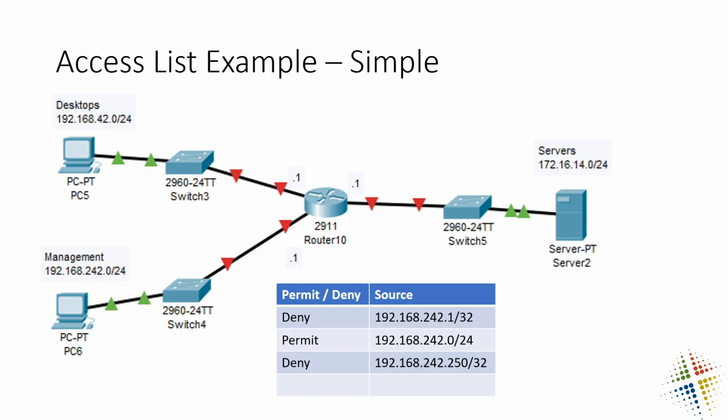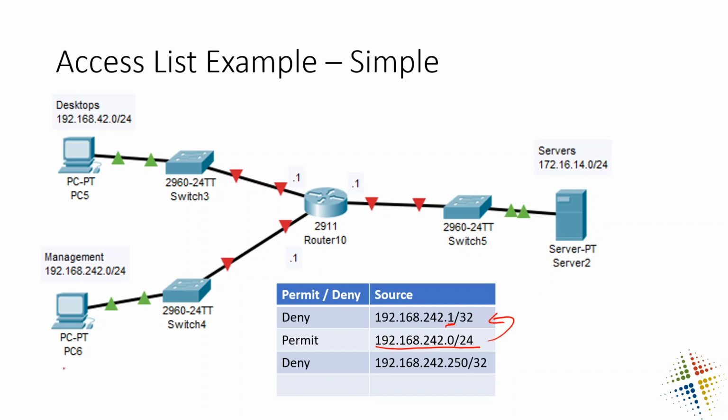So that was 192.168.242.1. The next line we see a permit, 192.168.242.0/24. /24 means the entire network, which is basically going to be everybody except the .1.